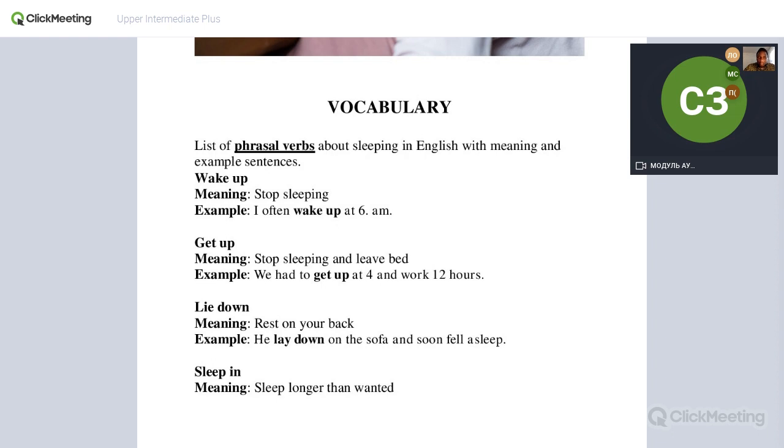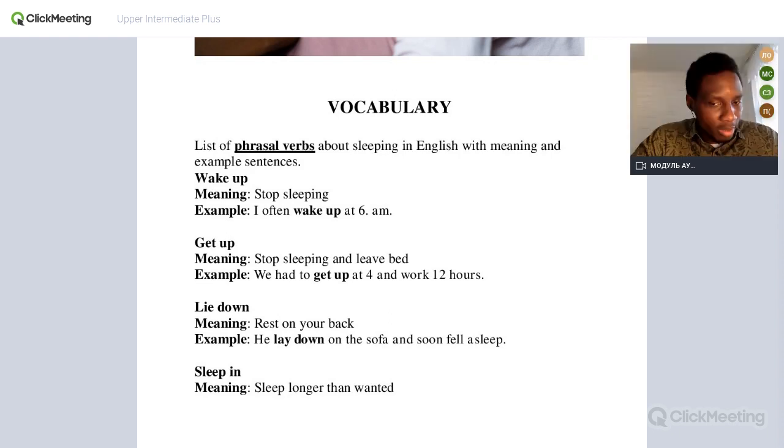But when I have a rest, I can get up maybe near 10 o'clock. Okay, 10 o'clock. So that is 10 in the morning, if I'm correct. 10 a.m., yes. Okay, and what time do you go to bed?